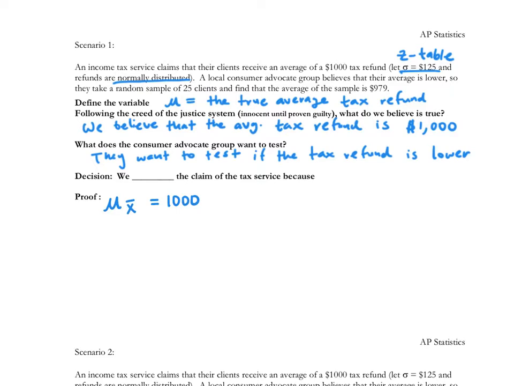And the standard deviation is sigma over the square root of n, which is 125 over the square root of 25, and this equals 25.